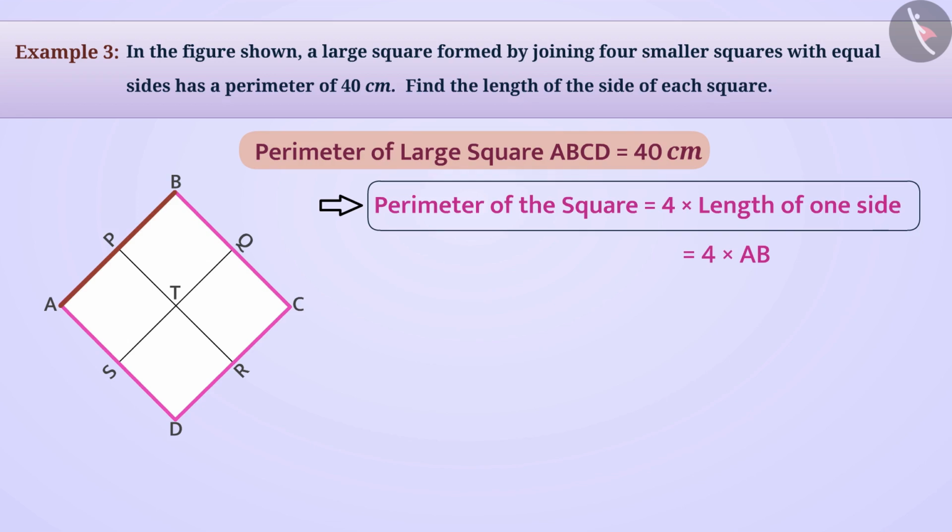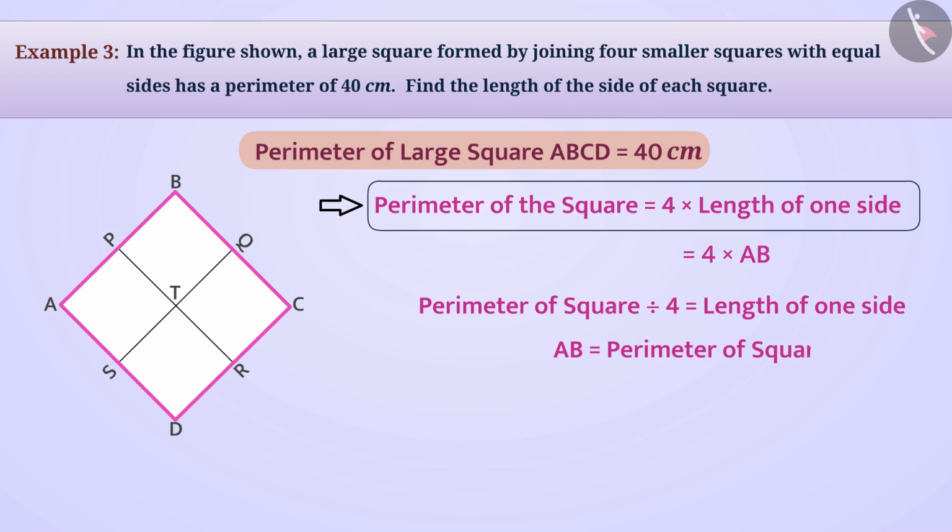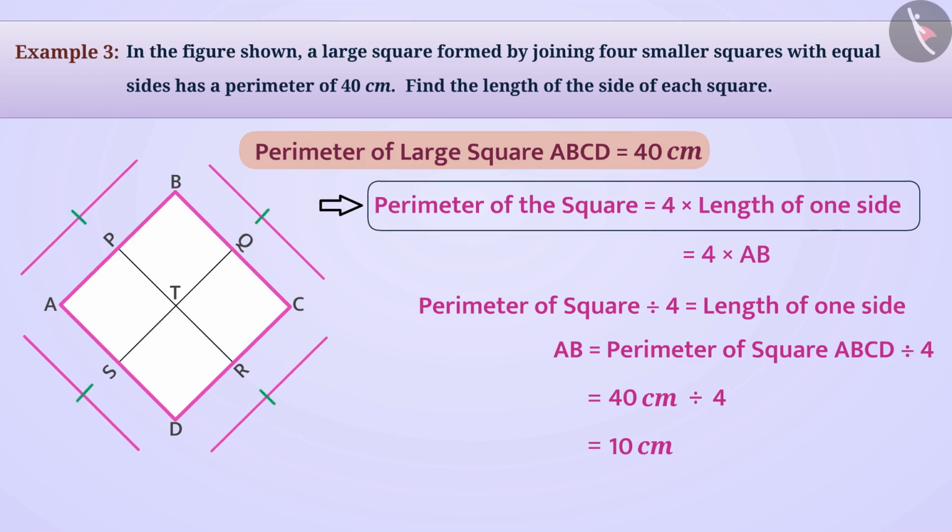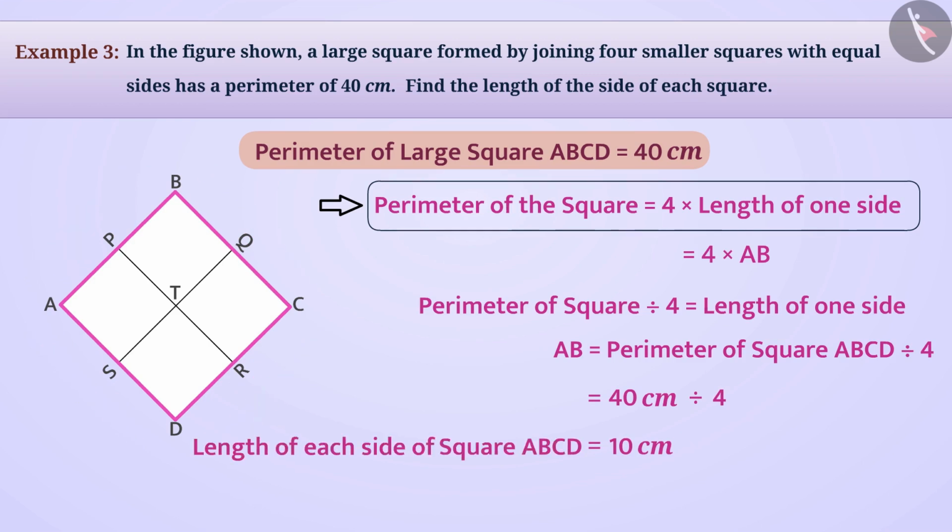So we can say that dividing the perimeter of the square by 4, we get the length of one side. That is, AB is equal to perimeter of square ABCD divided by 4 is equal to 40 cm divided by 4 is equal to 10 cm. The length of each side of the square is the same. Therefore, the length of each side of square ABCD will be 10 cm.